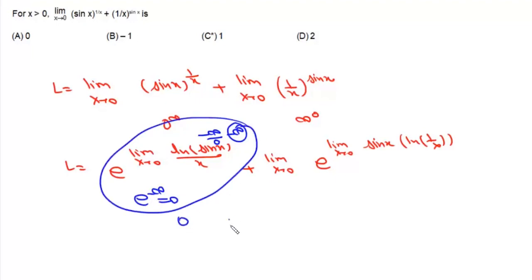That means this L is simply the second limit, which is limit x tends to 0 of e to the power limit x tends to 0. We'll write this as minus log x upon cosec x, which is infinity upon infinity form.